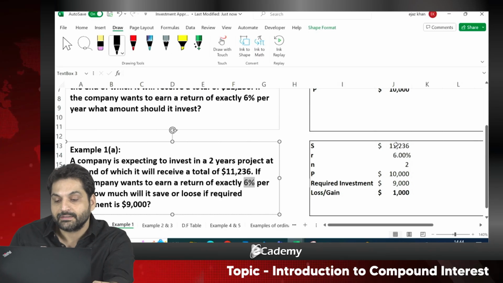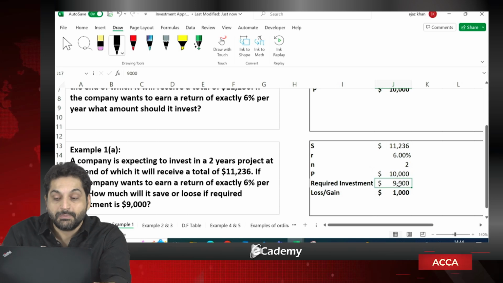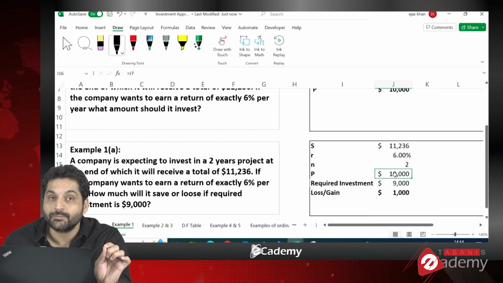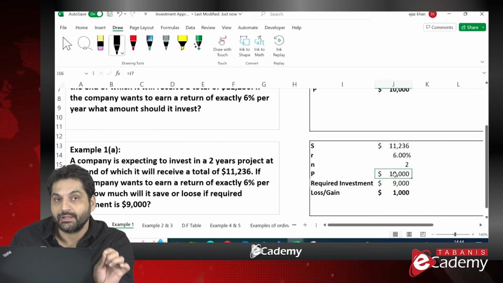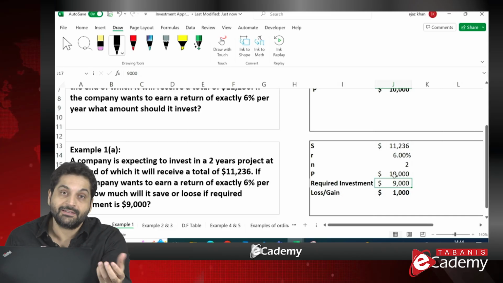So just look at this. 11,236. If it wants a return of 6%, it has to invest 10,000, right? But instead of 10,000, the required investment is 9,000. So it means for an investment where we are ready to invest 10,000, the asked investment is just 9,000.